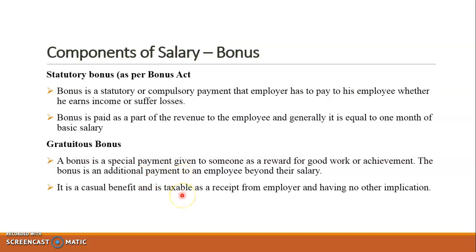So it is a casual benefit and is taxable as a receipt from the employer and has no other implications. So whether the bonus is statutory or gratuitous, whether the employee is a government employee or a private employee, the bonus will always be taxable and will always be included in the computation of your salary.